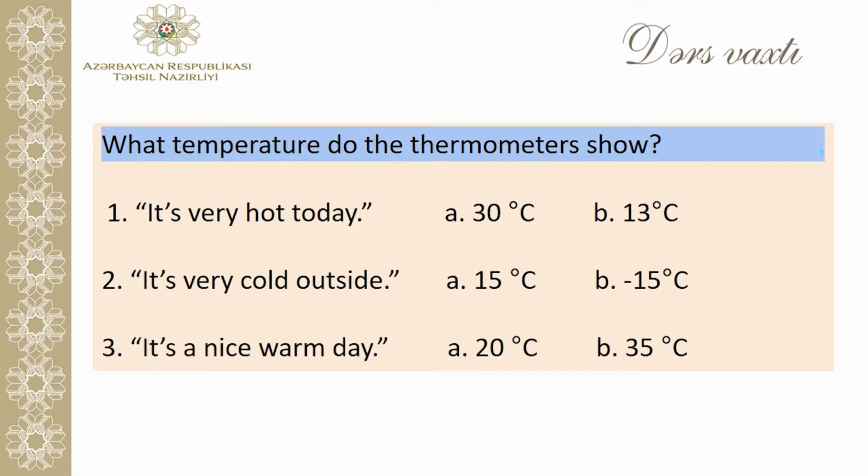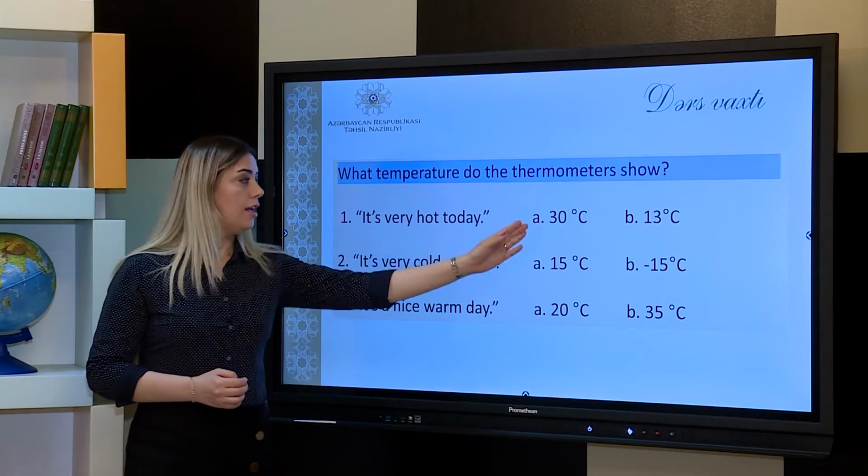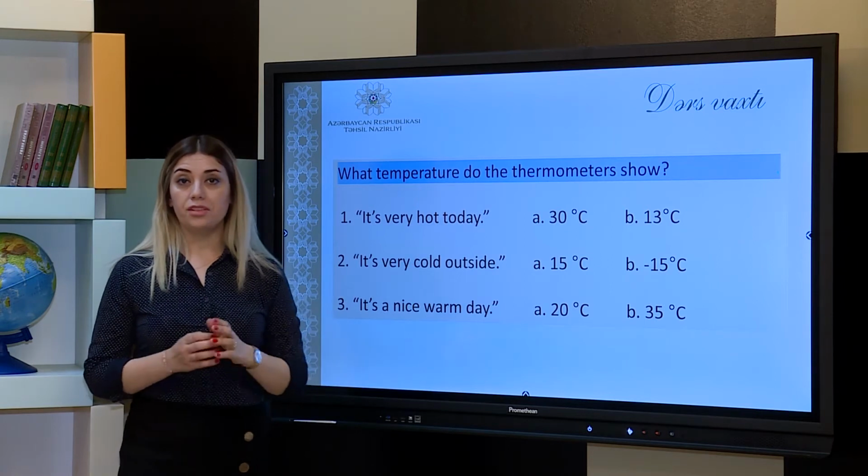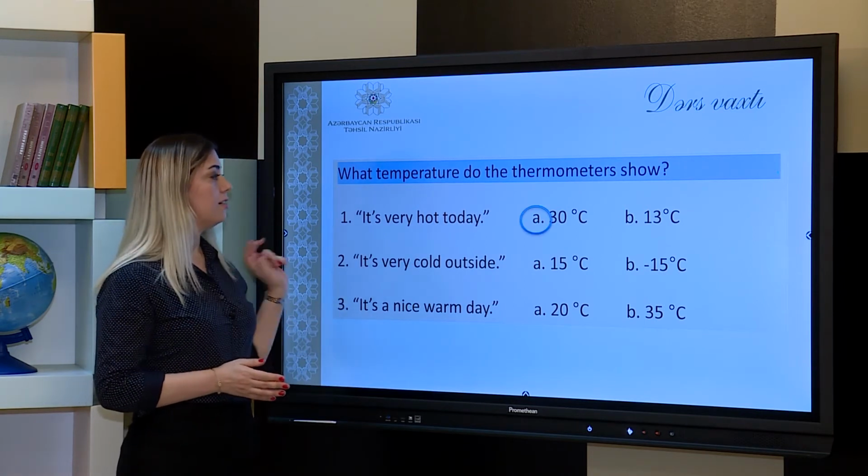Now, if you learned about temperature, let's check your knowledge by doing this exercise. What temperature do the thermometers show? The first one, it's very hot today. So, should we choose A or B if it's hot? Let's see.